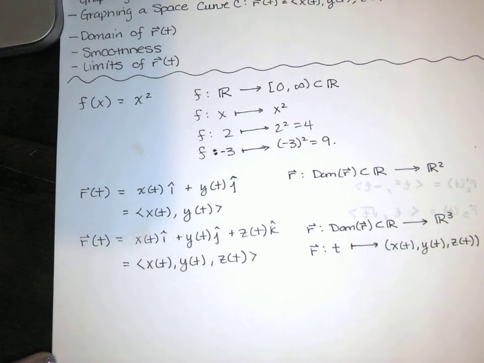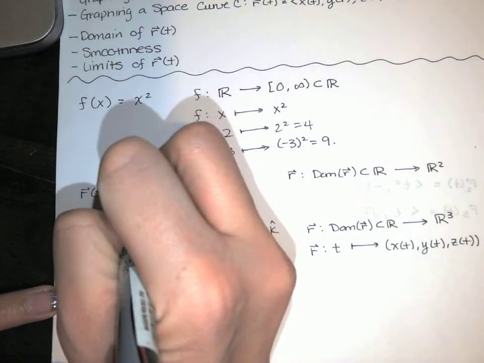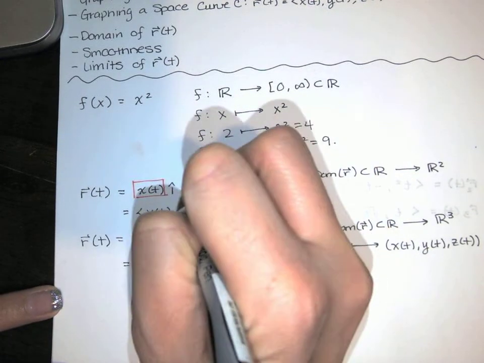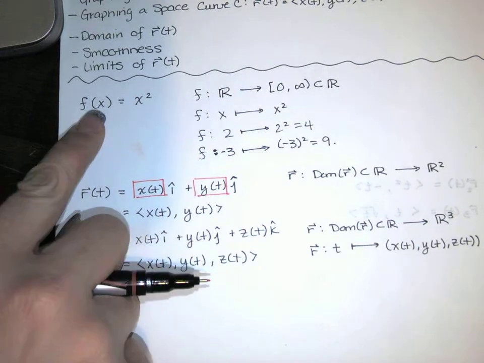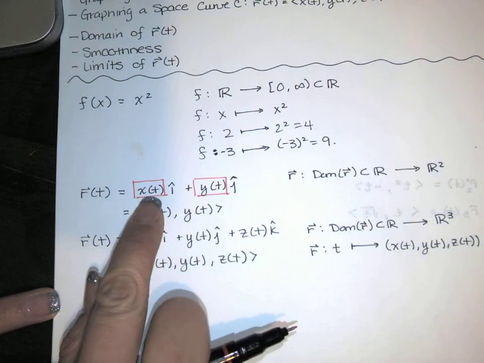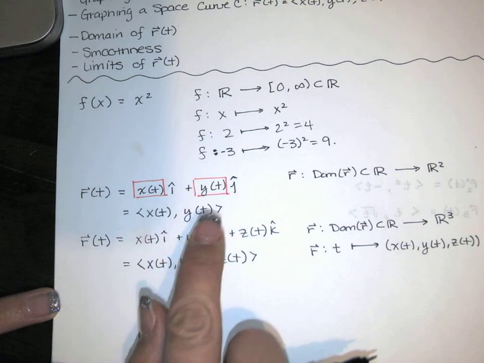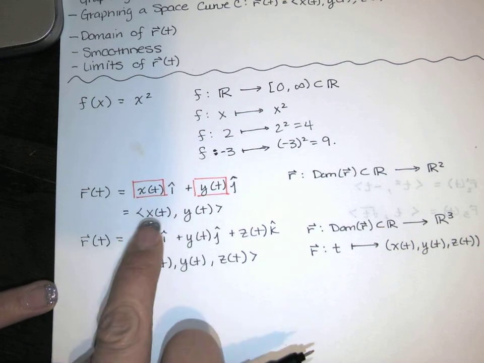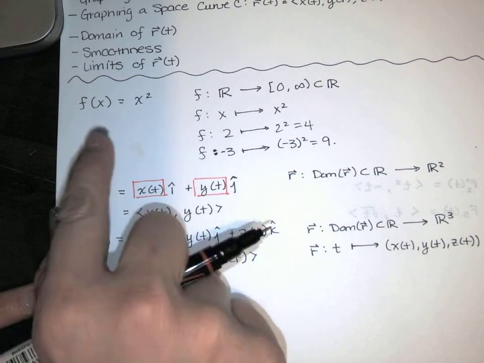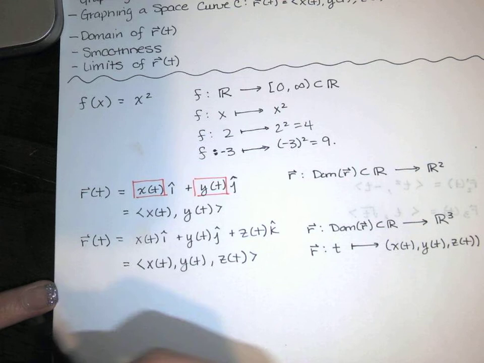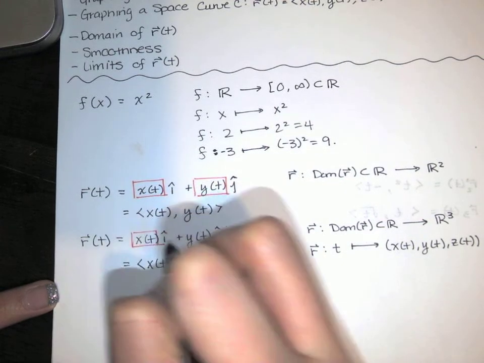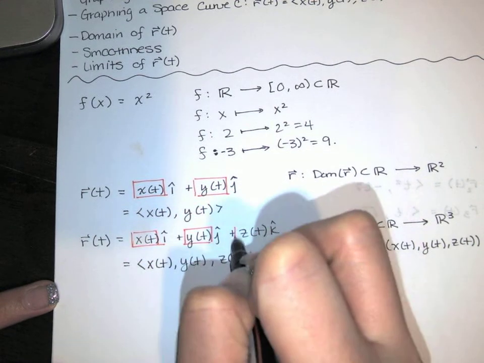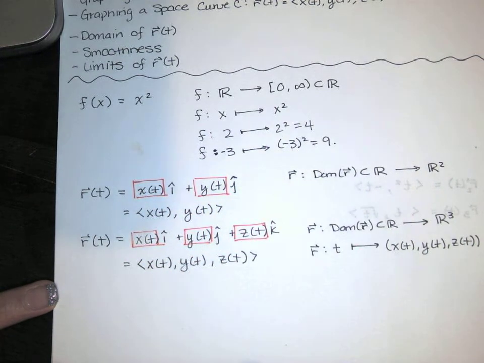Now these functions, x of t, y of t, are familiar functions. You give me a t, and this will give you an x. You give me a t, this will give you a y. So this is just a real valued function, just like we talked about in pre-calculus. So is z of t. All of these are just giving me real numbers back.